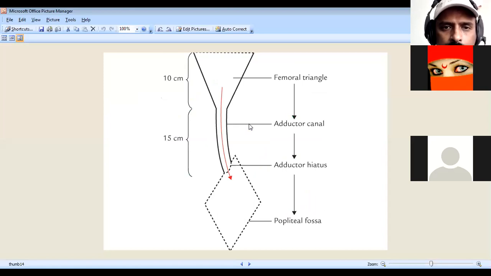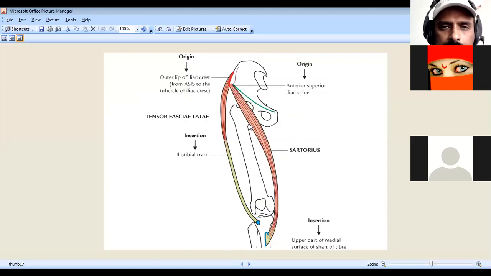You also have to remember the popliteal fossa and the entry of the femoral artery. Remember the sartorius muscle: origin anterior superior iliac spine, insertion at the upper part of the medial surface of the shaft of the tibia.